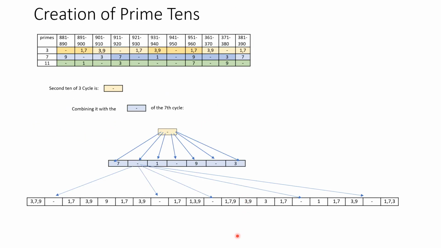Now we come to the important part. This one here is not a real prime cycle, but I put it as an example. Here we have the prime times of the cycle of 3 that will combine with the prime times of the cycle of 7, so they're going to create more prime times, and then they're going to combine with the prime times of other prime cycles, so the prime time combinations are growing exponentially.